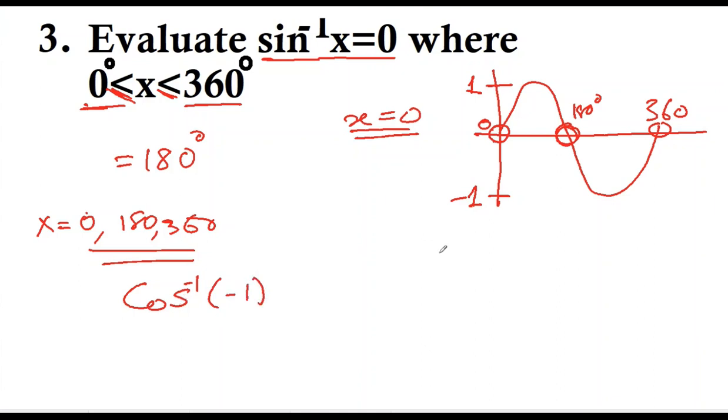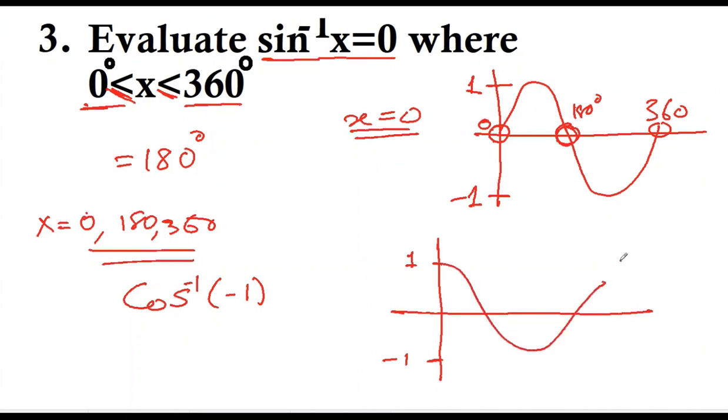So for that we should draw the cos graph. Cos starts from 1 and it's between -1 and 1. The graph is something like this, and this is 360 degrees. So -1 is at this point, which is pi or 180 degrees, right? But if you use your calculator, it will give you -180 degrees at this point.